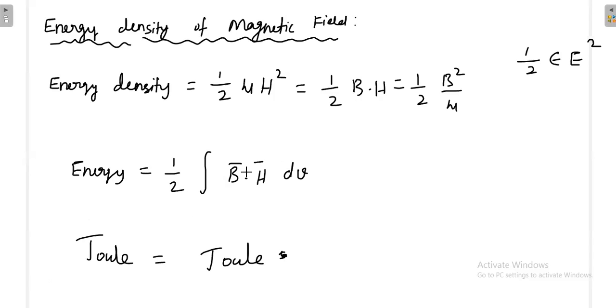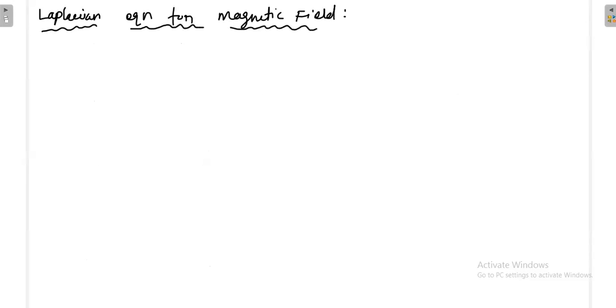Next, the Laplacian equation for magnetic field. You know the Laplacian equation for electric field is del square V equal to 0.